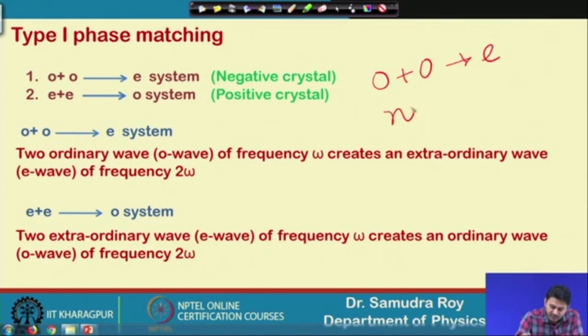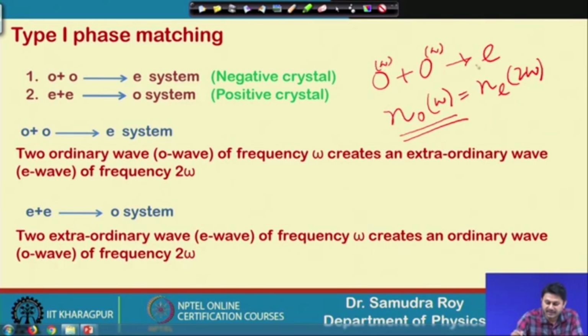The phase matching condition should be n_o of omega is equal to n_e of 2 omega. So, n_o of omega means ordinary waves at fundamental frequency, and they are generating extraordinary waves. So, extraordinary waves are generated because of the combination of two ordinary waves, because of this phase matching condition.